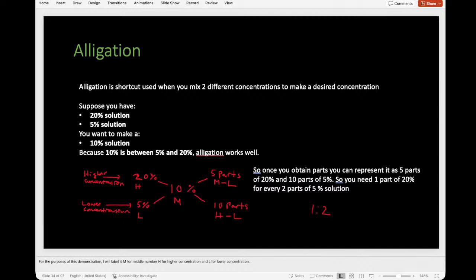And so once you obtain the parts, you can represent it as 5 parts of 20% and 10 parts of 5%. So you need 1 part of 20% for every 2 parts of 5%. So that's how you would basically figure out how to solve an alligation type of problem, which involves mixing of two different concentrations.